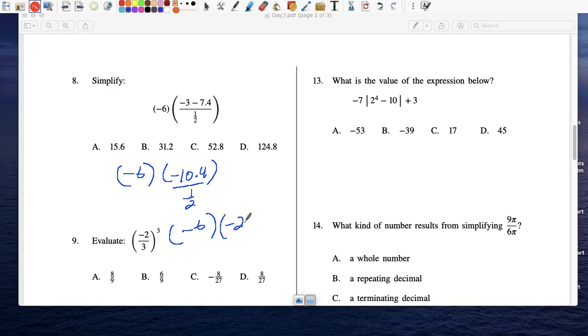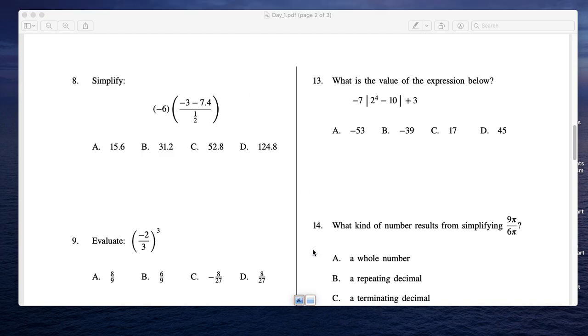This becomes -20.8, right? And -20.8 times -6, look at that, 124.8, which is D. So you didn't need a calculator, but obviously it's a state test. Don't take any chances. If you can use a calculator, go ahead and do it.